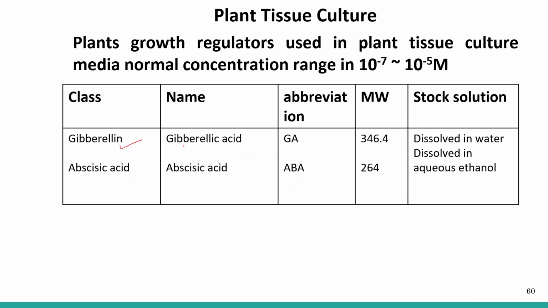Gibberellin and abscisic acid. Gibberellic acid, that is GA. There is a family of gibberellic acids, right? So dissolve in water. Gibberellic acid and abscisic acid, ABA, are dissolved in the aqueous ethanol medium.